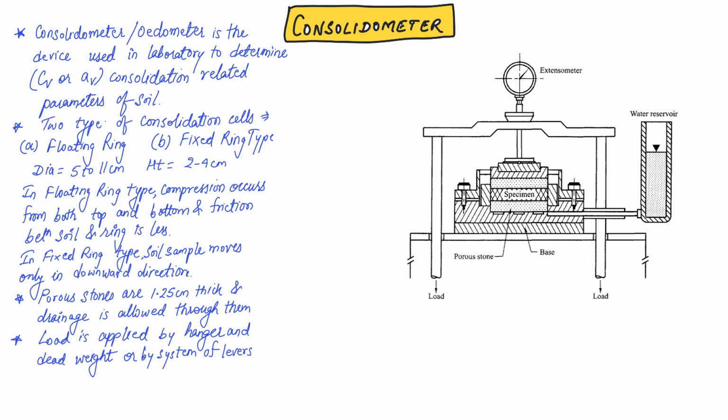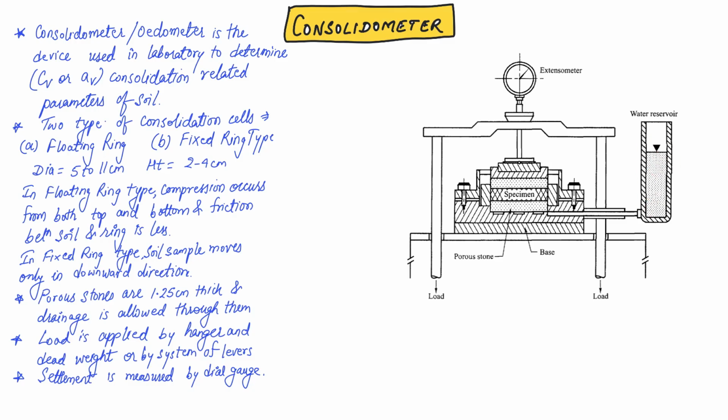So there is a system of lever on which you apply the weights. The compression is measured using a dial gauge. At the bottom of the soil sample, you can see here that water can expel from the soil and flow through the filter stone into the water container that is present here.